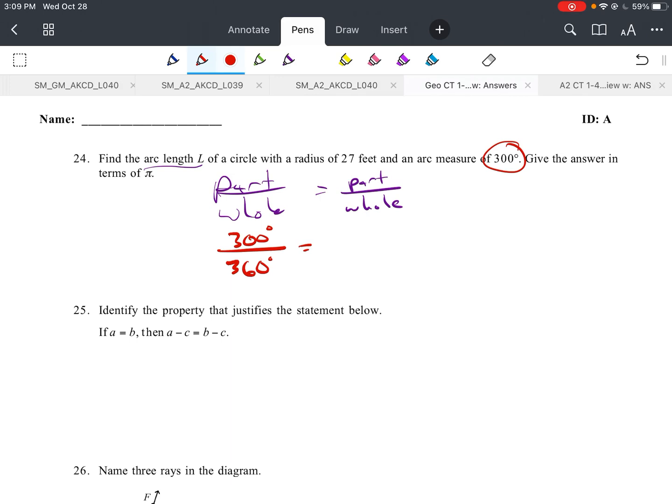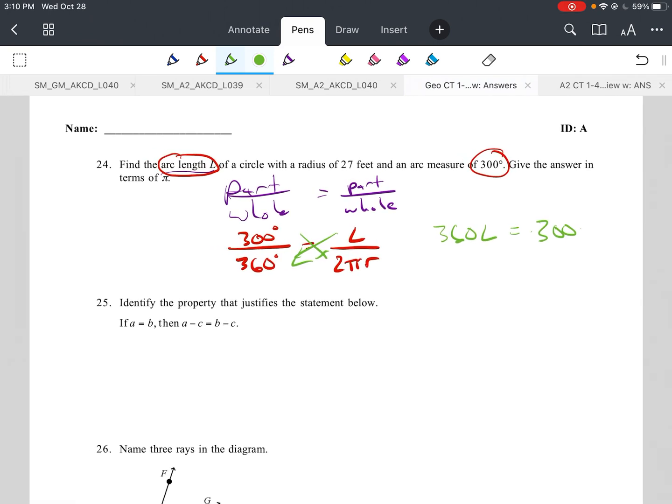Then use your part and your whole. We're talking about the arc length. What is the whole length around a circle? That's the circumference, which is 2 pi times the radius. What goes in the top? That is the arc length L, so you can use a big L there if you want. We'll just cross multiply and solve. So 360 L is equal to 300 times pi times r, which in this case the radius is 27.